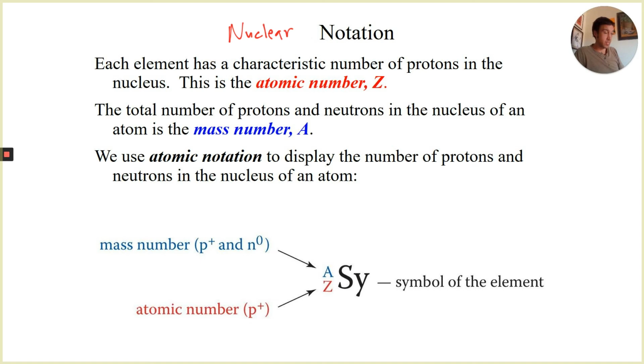So for nuclear notation, we start with a symbol. In this case, we're picking SY because those are the first two letters of symbol. And if you've been studying your elements, you'll notice that that's a pretty common pattern. And then we reference a mass number and an atomic number. The mass number is written in the upper left-hand corner.